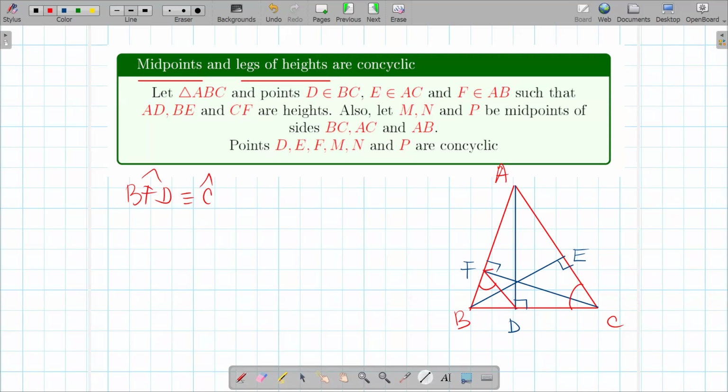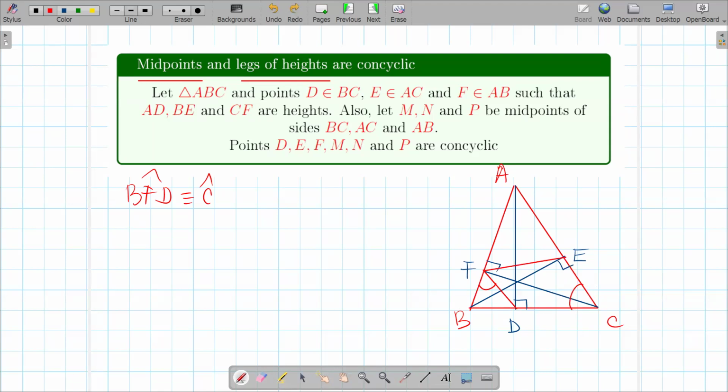Now, what else is going on here? Well, if we connect F with E, we actually get another cyclic quadrilateral, namely BFEC. Again, for virtually the same reason, now angle F is congruent to angle E here, and they are both 90 degrees. And now what's going on here?